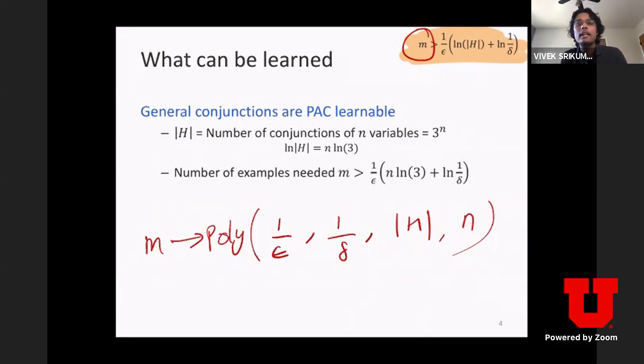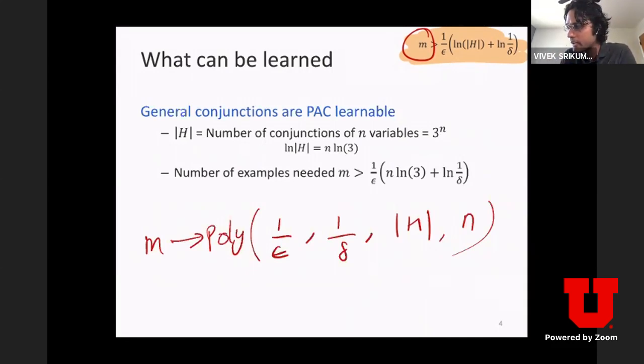It's just saying, does there exist a classifier that with these m examples can achieve error less than epsilon? And is it possible that we can find it? So using this, we can ask this question of specific sets of functions, whether it is PAC learnable or not.